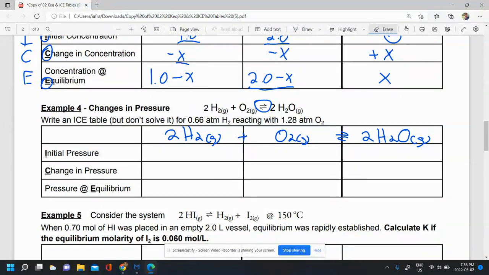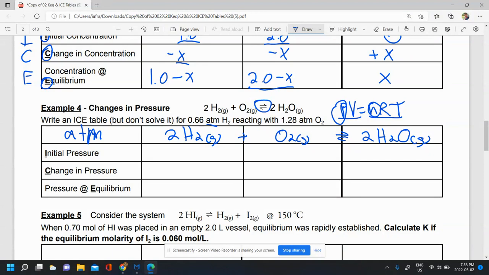pressure in ATM. And the reason we can use pressure in ATM is because remember that relationship PV is equal to nRT. So as pressure goes up, so the number of moles, they're directly related to each other. So we can put our pressure in ATM and keep track of the equilibrium that way as well.